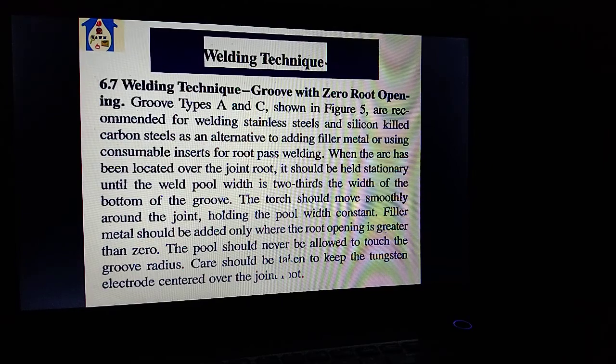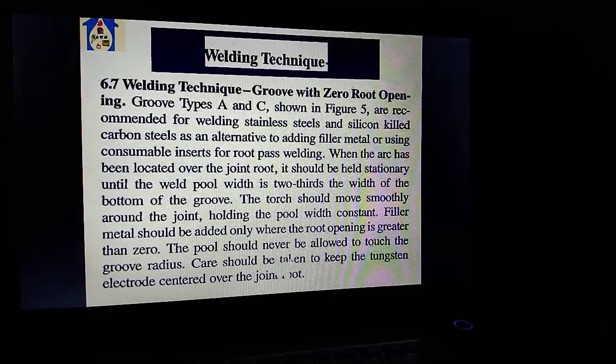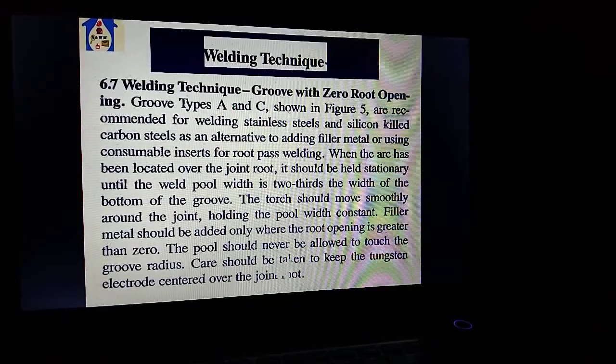The pool should never be allowed to touch the groove radius. Care should be taken to keep the tungsten electrode centered over the joint root.